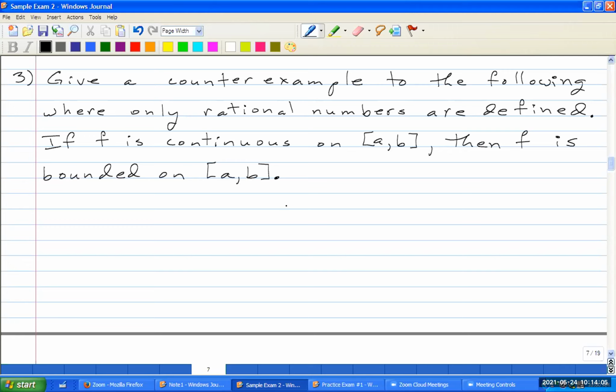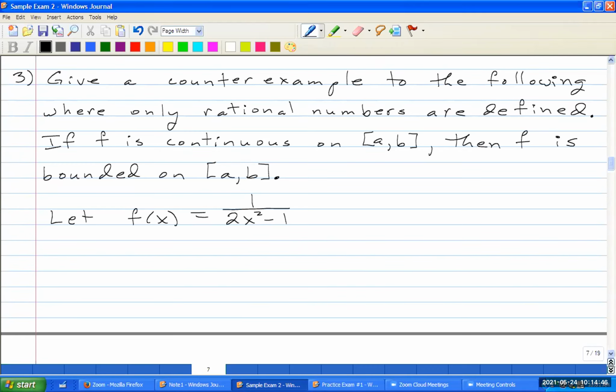Okay, so let f be a rational function. We want it unbounded. And so let f be 1 over 2x squared minus 1.